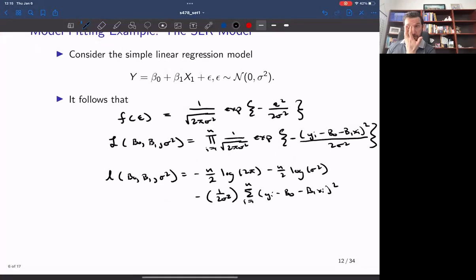And then basically all we're doing from this point is just taking the derivative of the log likelihood with respect to each of the model parameters, setting it equal to 0 and solving for that term, right?